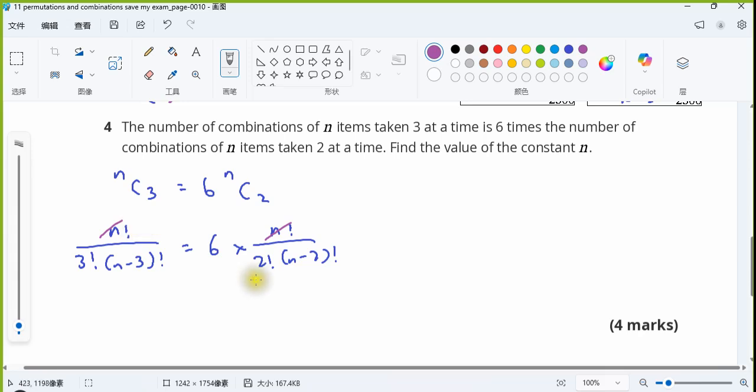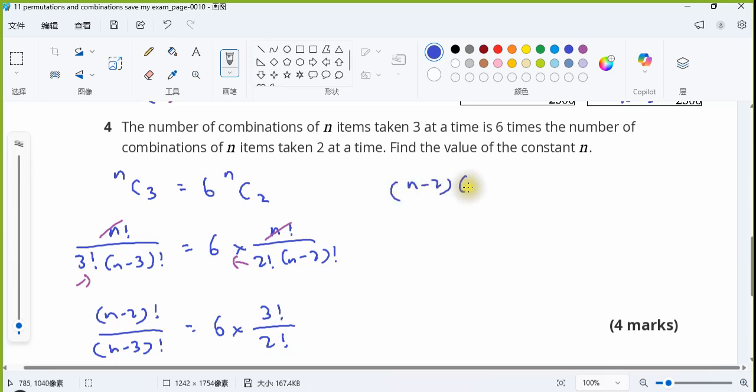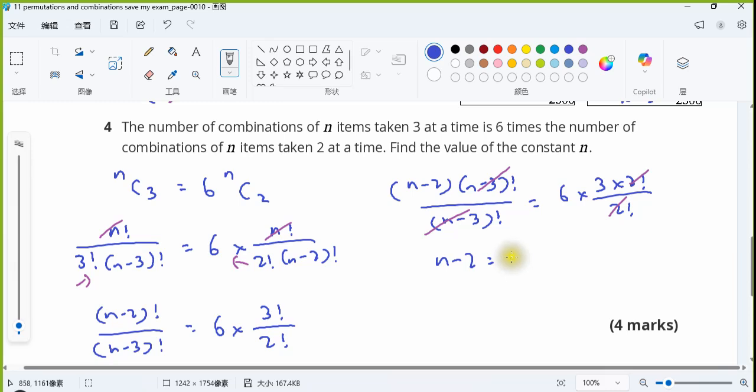So this can be cancelled and move this here. Then we have n minus 2 factorial over n minus 3 factorial equal to 6 times 3 factorial over 2 factorial. So n minus 2 times n minus 3 factorial over n minus 3 factorial equal to 6 times 3 times 2 factorial over 2 factorial. So cancel. So we have n minus 2 equal to 18, n equal to 20.